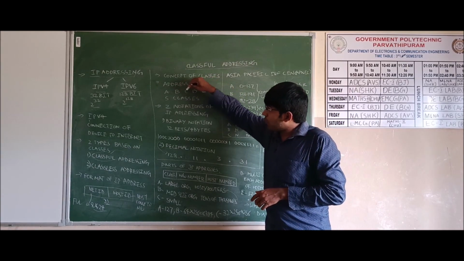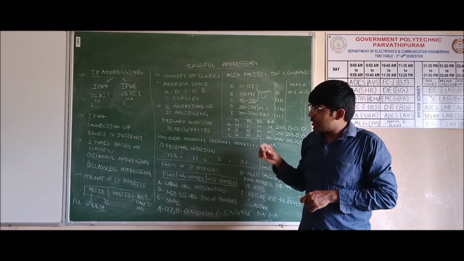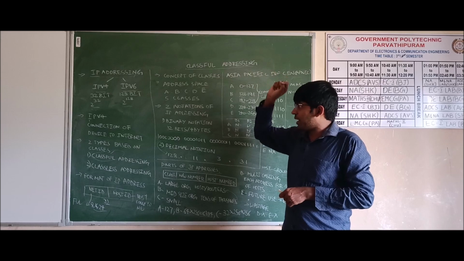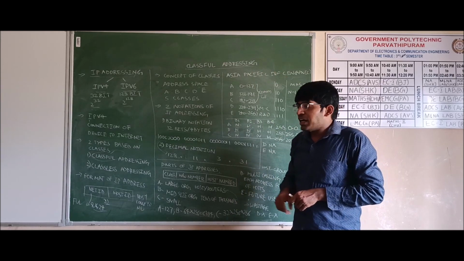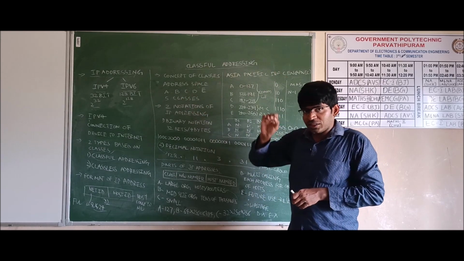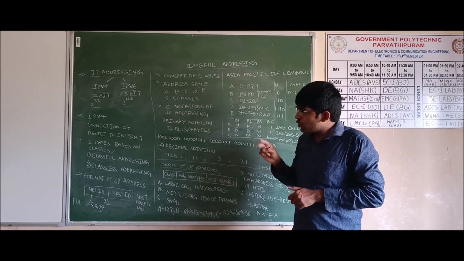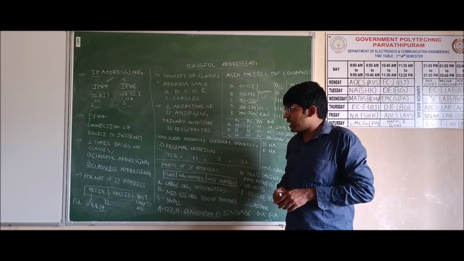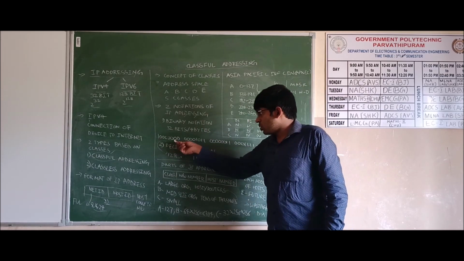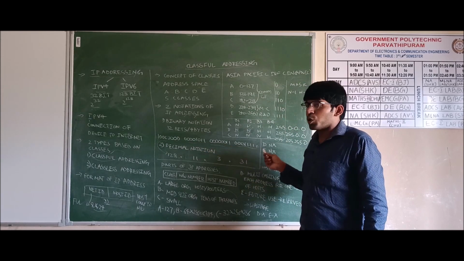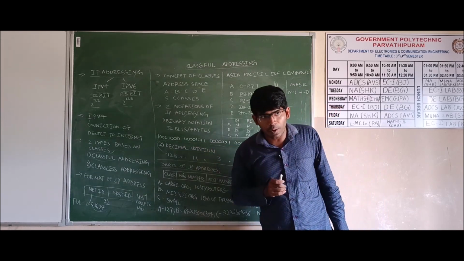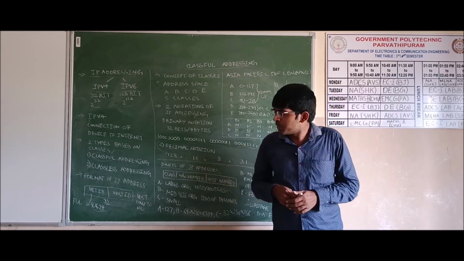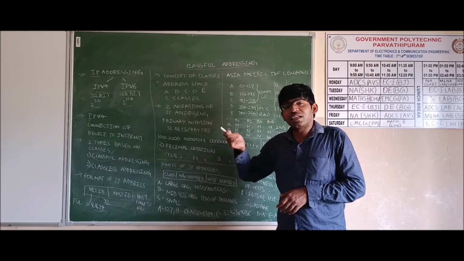We are using 5 classes in the address space: class A, class B, class C, class D, class E. And for the addressing of these 5 classes, we are using 2 notations. One is binary notation like this, 1 0 0 0, 4 bytes. But this is not very popular because it is difficult for us to read. We have to calculate. But it is very easy in the decimal notation.